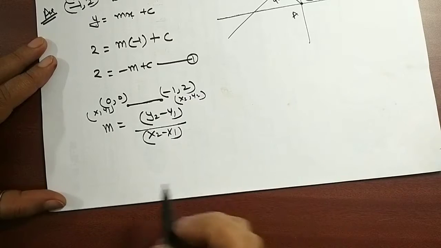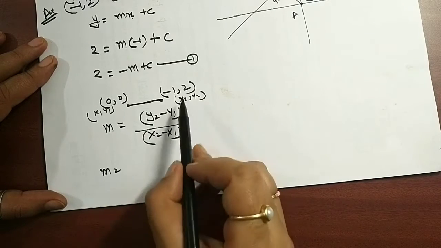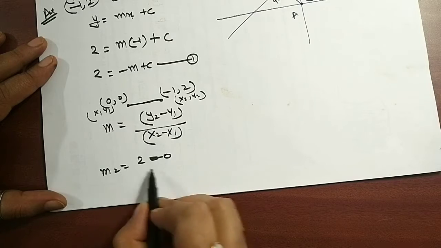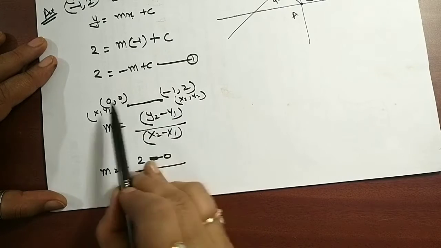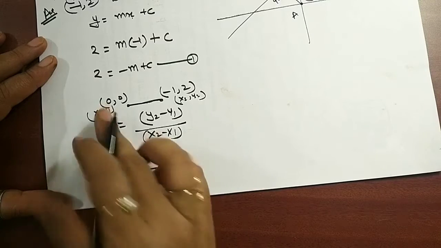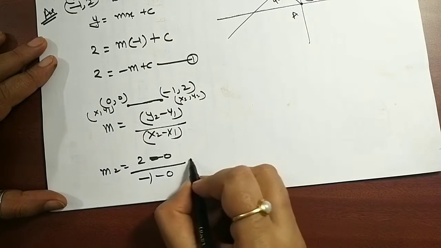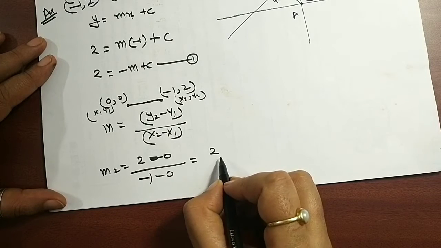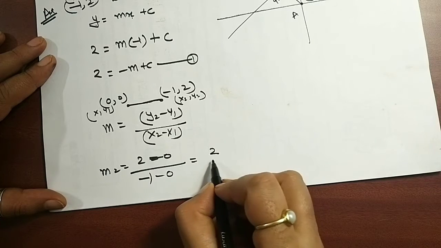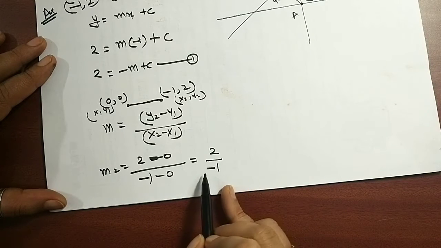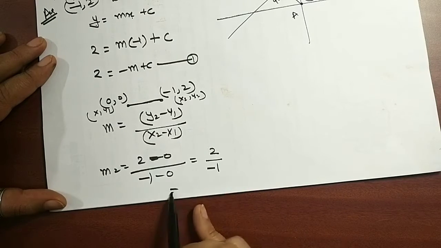Okay guys, so let me put the values. y2 minus y1 is 2 minus 0 and x2 minus x1, which is minus 1 minus 0. So it will be 2 by minus 1, correct, which is nothing but minus 2.